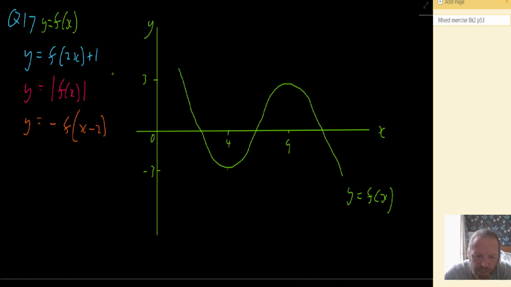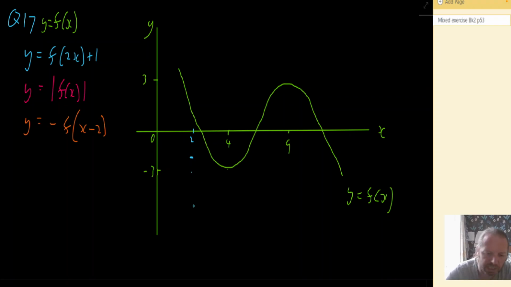So f of 2x plus 1. So f of 2x, the effect of 2x moves the x in, it halves the x's, so we get to what would be 2, and then the turning point would go from minus 3 and it would go plus 1, it would become minus 2.